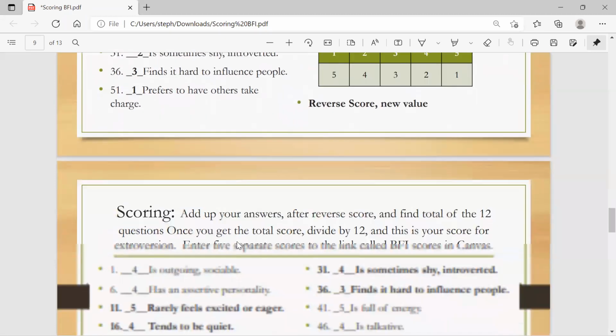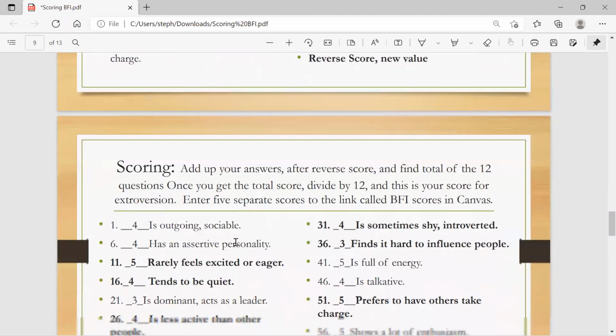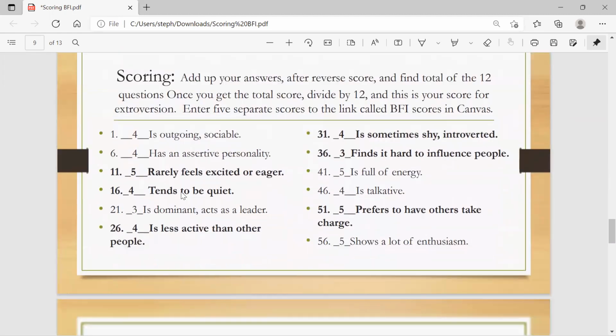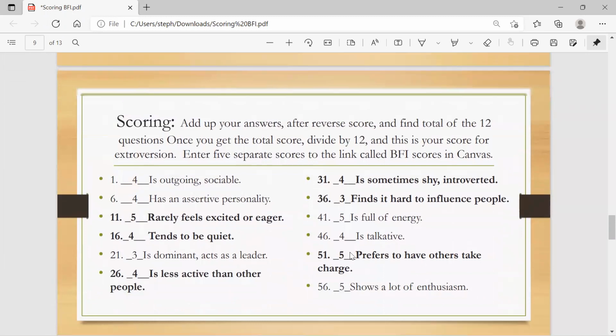This is important because you're going to now have to add all this up with the reverse score. So eventually you're going to have to do this in SPSS, or if you like to use Excel instead, or whatever your stats professor from the previous semesters taught you to use that you're most comfortable with.